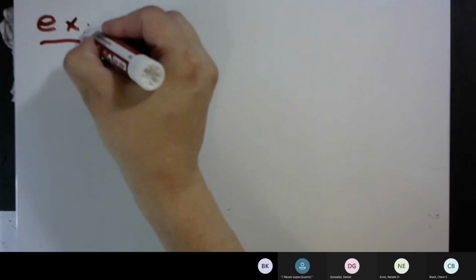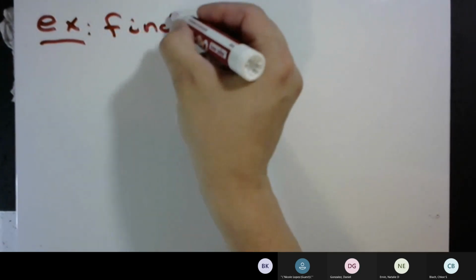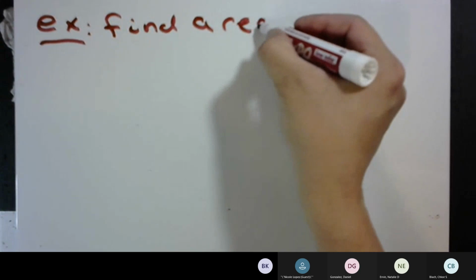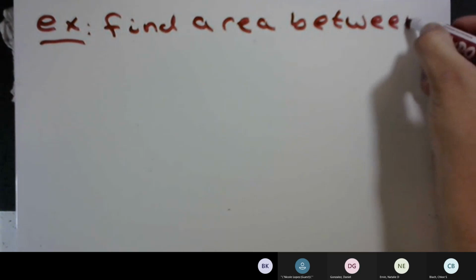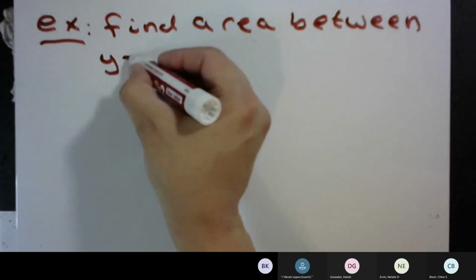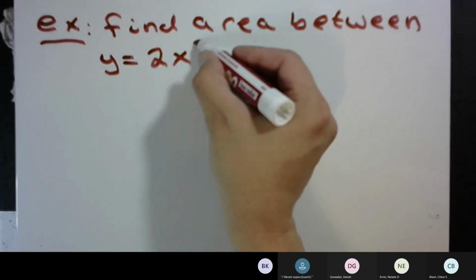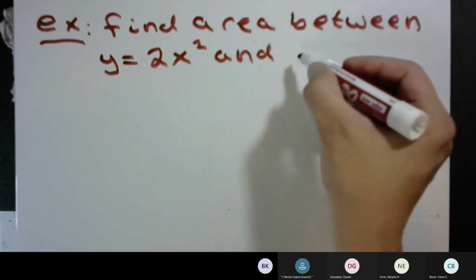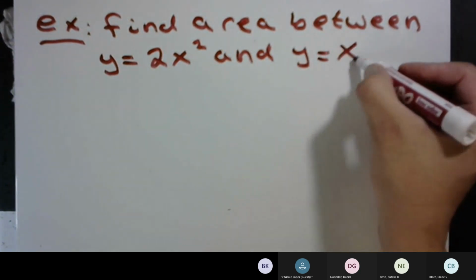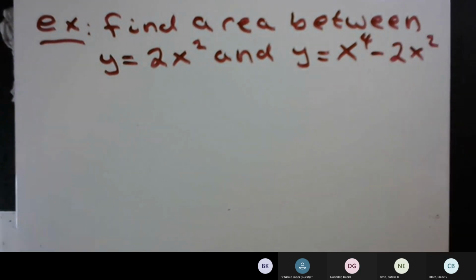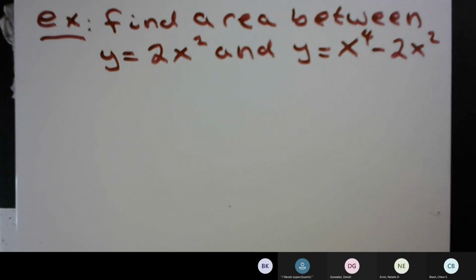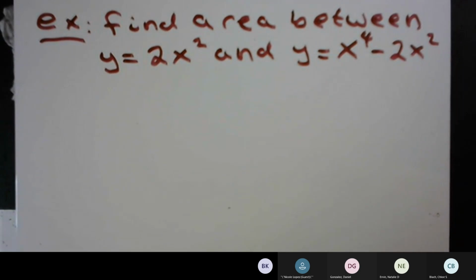So for example, let's find the area between y equals 2x squared and y equals x to the 4th minus 2x squared. Now, for something like this, it does help to graph, or at least have a sense of which function is above the other function.